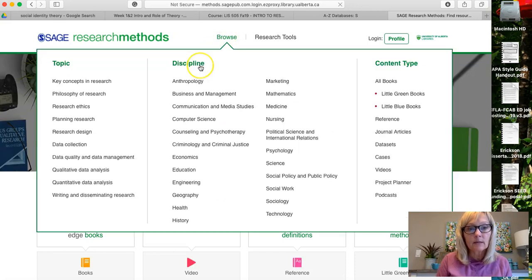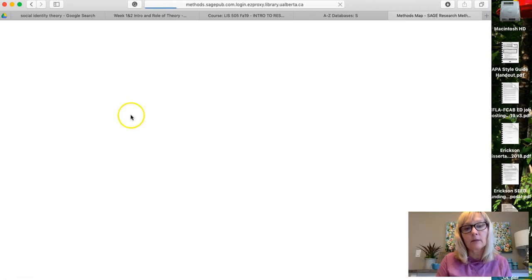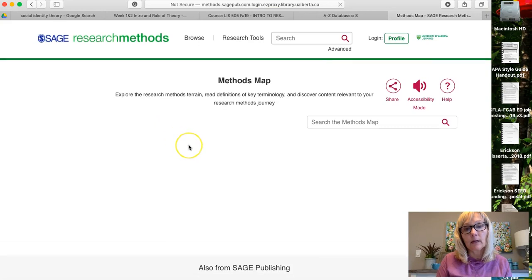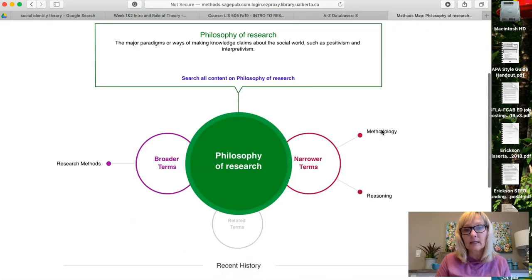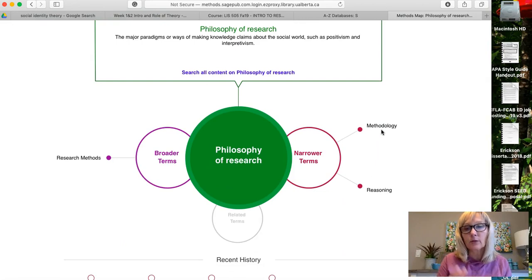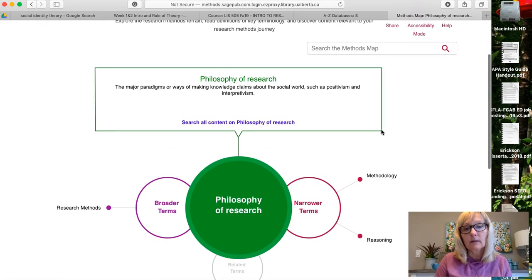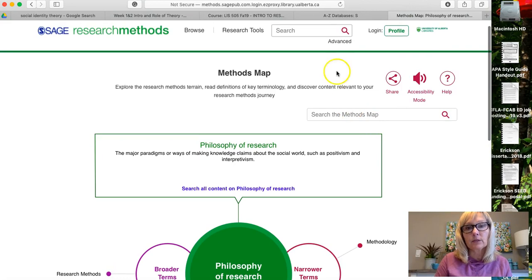It's got some good concepts that you can look into. You can look into a specific discipline. You can look into specific topics, and that's actually really helpful. And it brings up a kind of a concept map of the topic that you've chosen, and then narrower topics, so that you can conceptualize or categorize terminology with research.